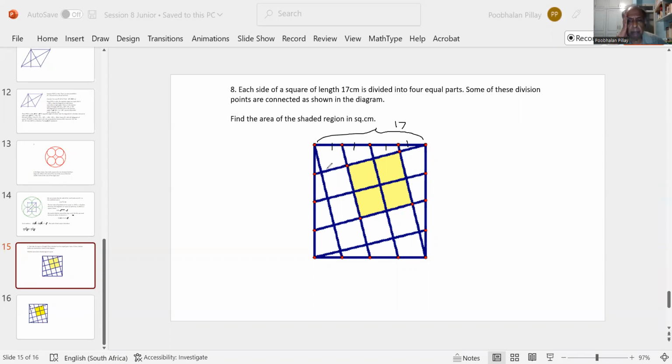And you can put a single stroke here, also because the same 17 is divided into 4 equal parts. It's a square, so the sides are equal. Okay. Now, let's say find the area of the shaded region in square centimeters.